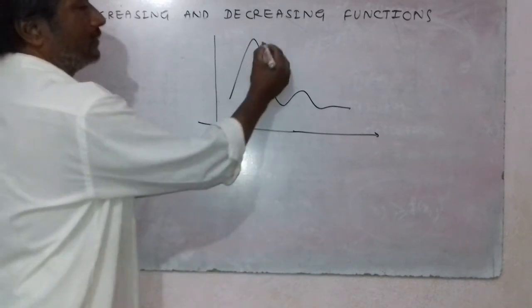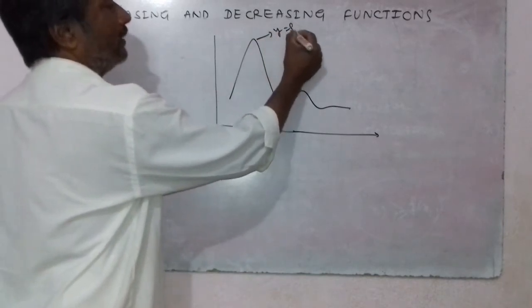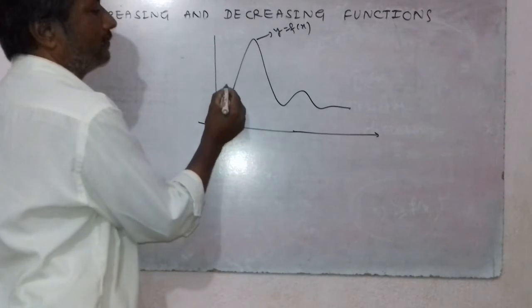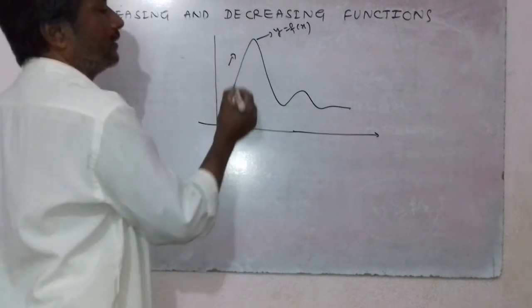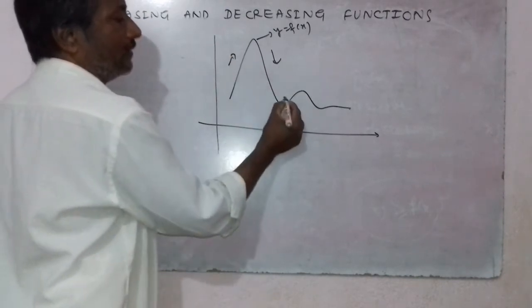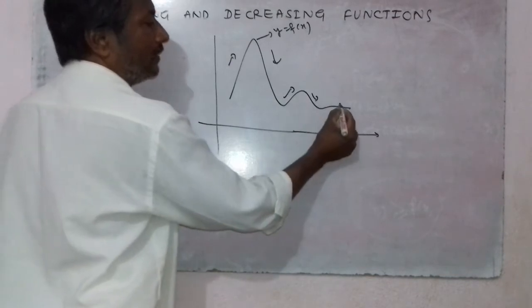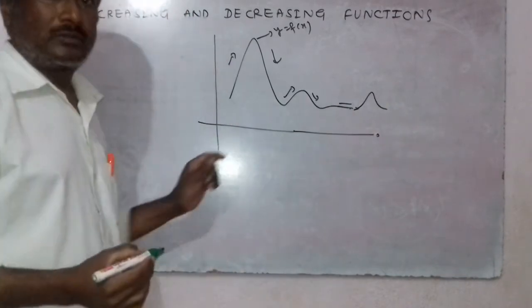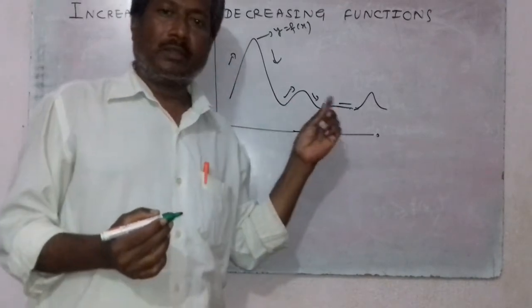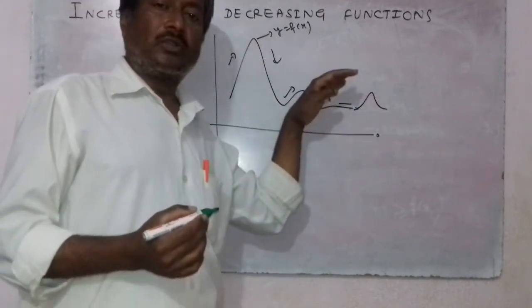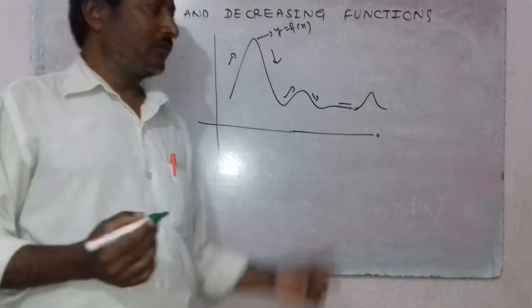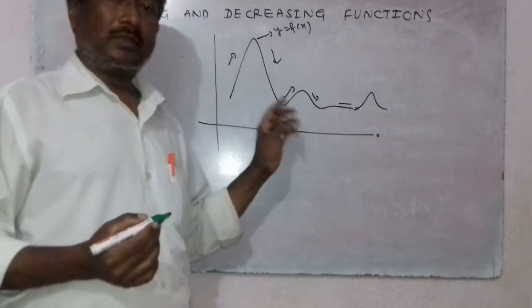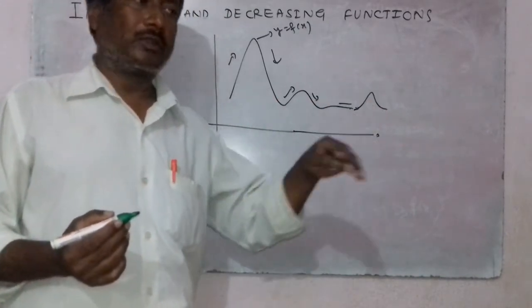The function is, so this is y equal to f of x. Here the function is increasing, here it is decreasing, increasing and decreasing. So this function is neither increasing nor decreasing.